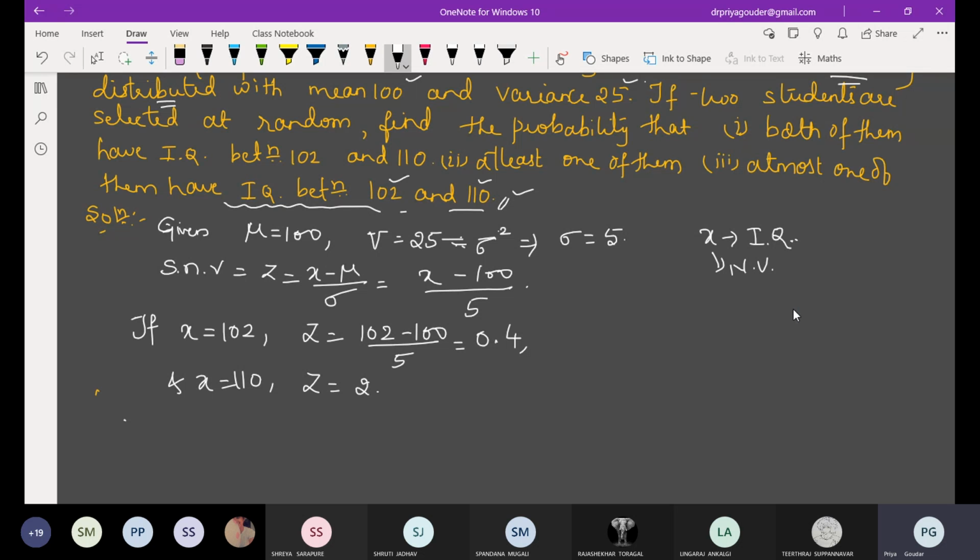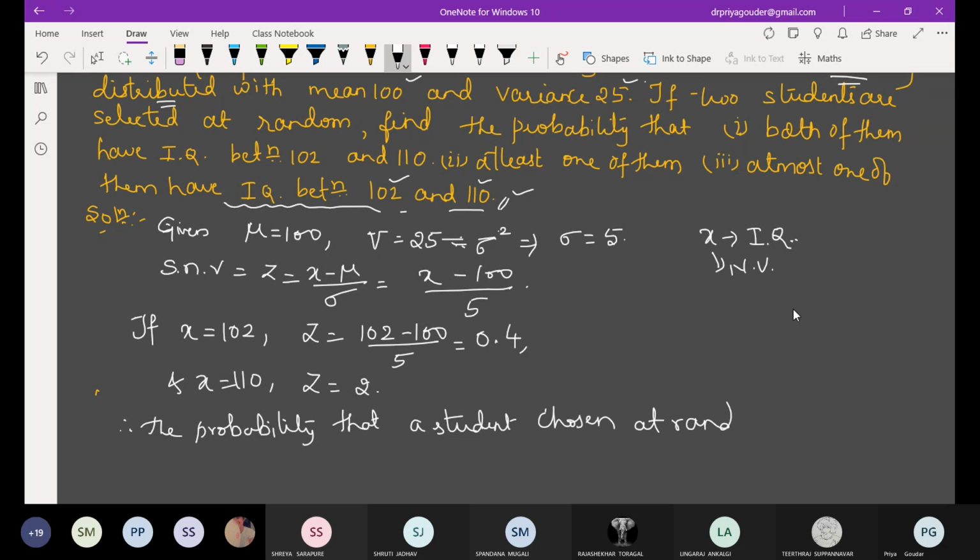Therefore, the probability that a student chosen at random has IQ between 102 and 110.